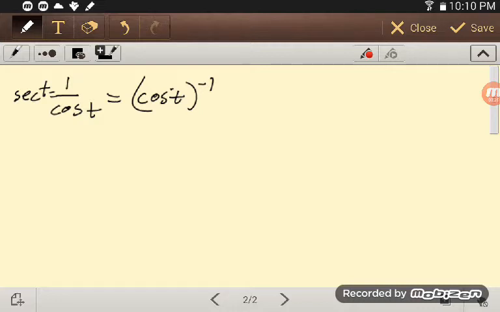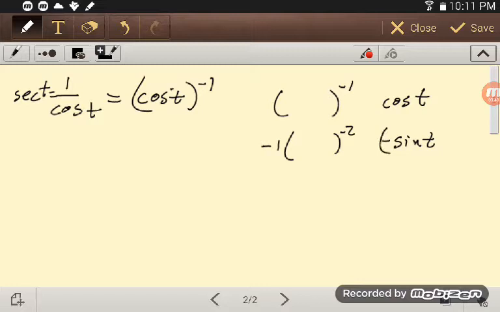So if I take the derivative of this, all right, well, in that case, I have that negative 1, and then I have the cosine of t. Well, bring down the negative 1, and then to the negative 2, like that. And the cosine is going to be minus sine of t, like that.